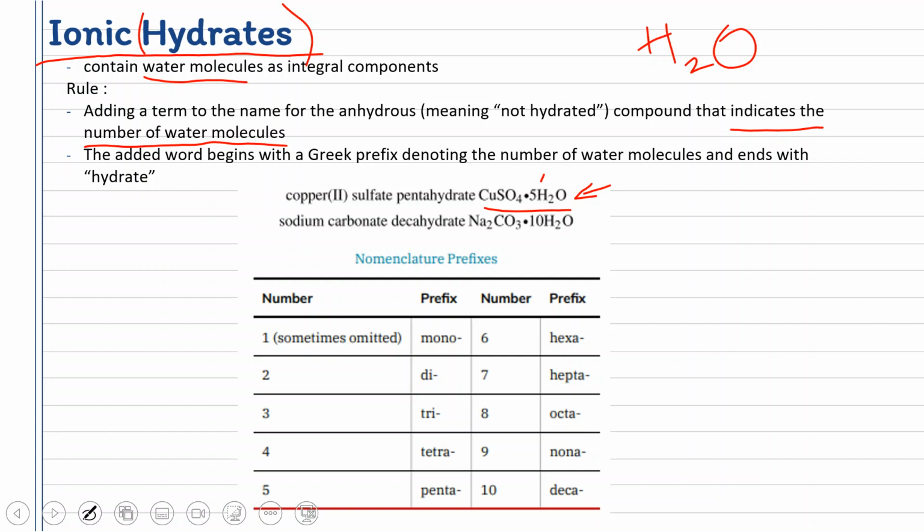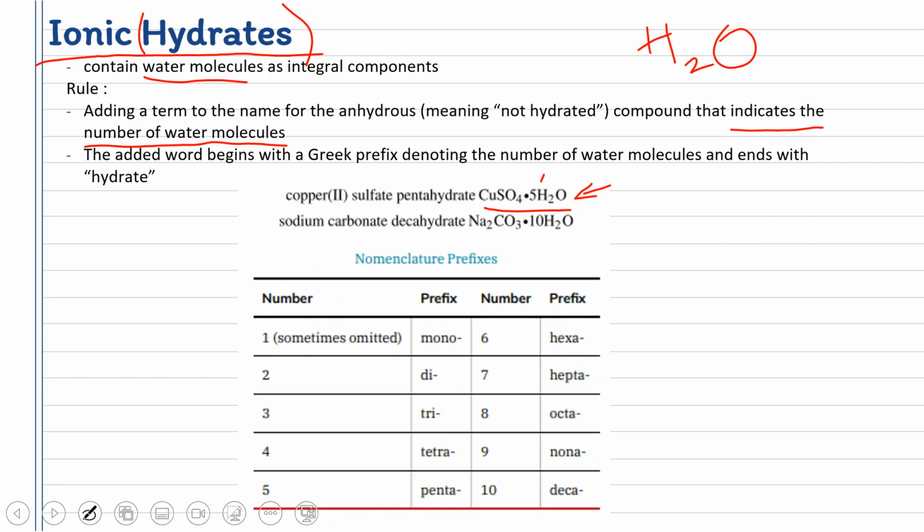Great. Now this term we're adding normally begins with a Greek prefix, and it ends with the word hydrate.